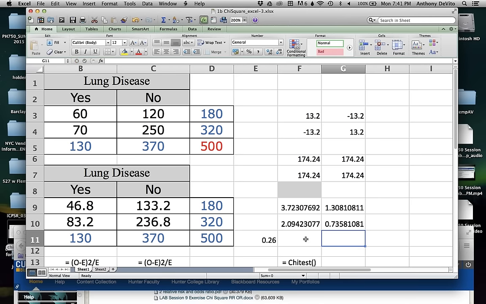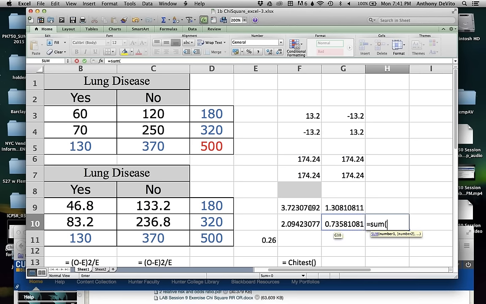Now, when I take the sum of all these, I get a relatively interesting, smaller number that's more in line with the differences here. That number, 7.86, is your value for the chi-square statistic.